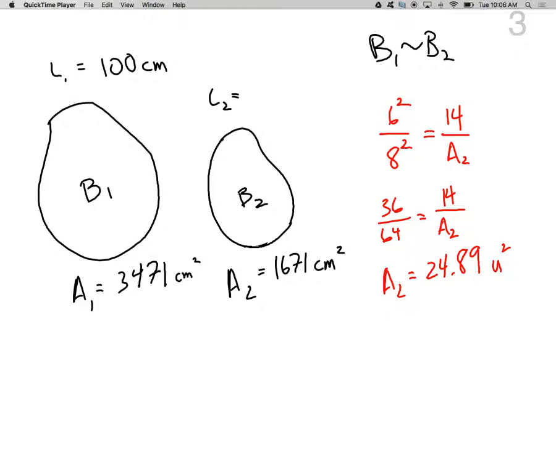Good. Figure out how long that blob is. Will it be bigger or smaller than 100? Smaller. Good. And the number's gonna be ugly.